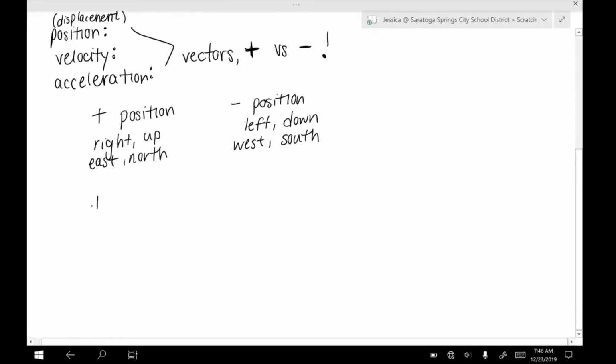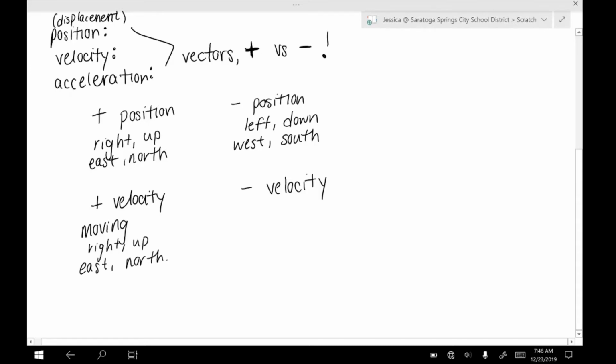So positive velocity versus negative velocity. Positive velocity tells us we are moving right, up, east, north. Negative velocity tells us we are moving left, down, west, or south.